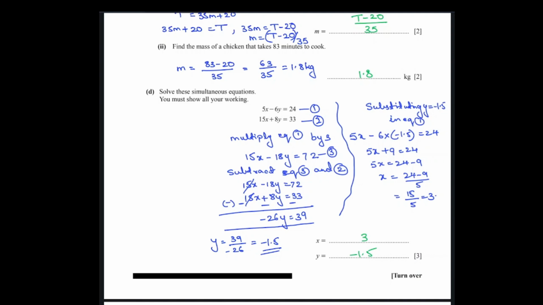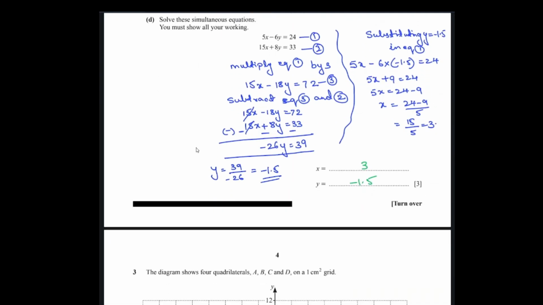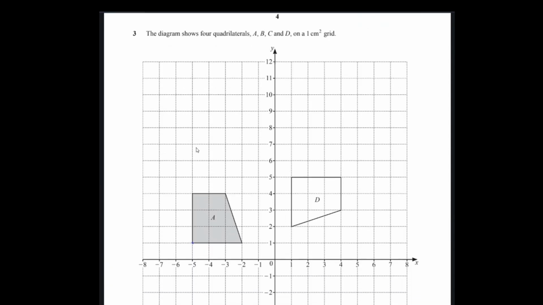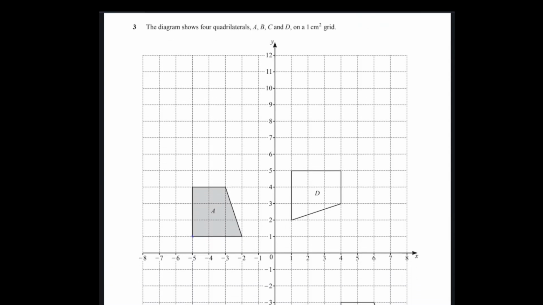Question number D is done. Question number 3 now. Here the question says, the diagram shows 4 quadrilaterals A, B, C and D on a 1 centimeter square grid.